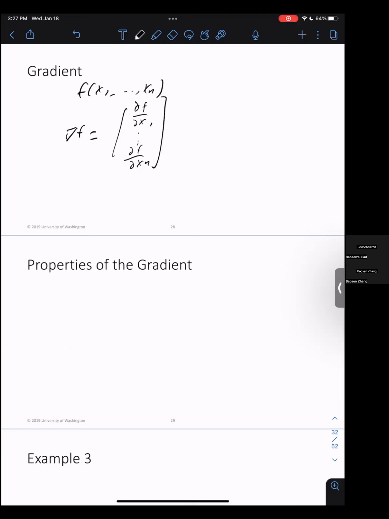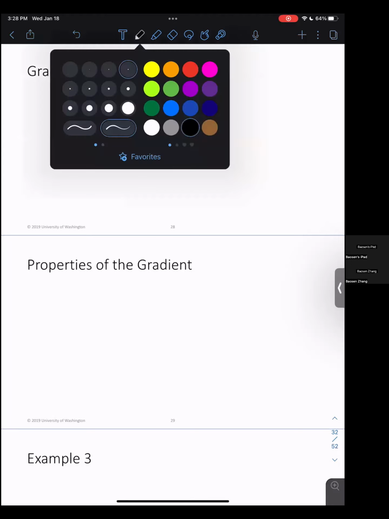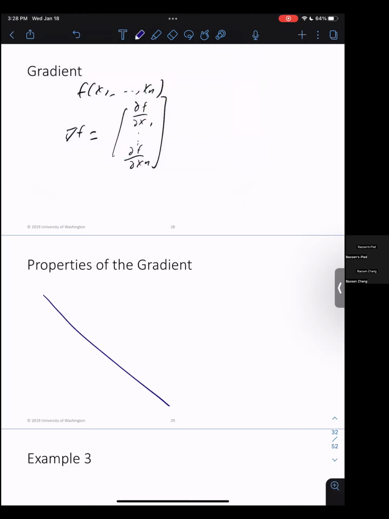Now, the property of the gradient: let's say you compute a gradient. Let me draw the constraint. Imagine this is your constraint, a linear constraint that we have.